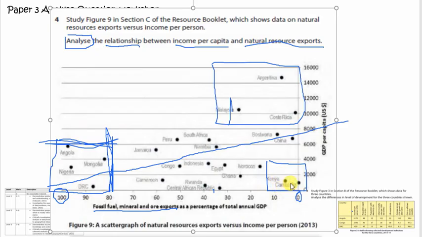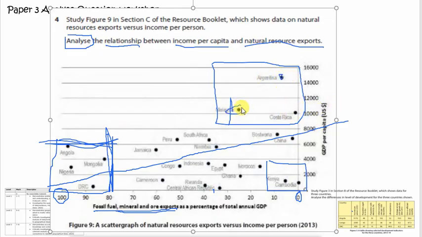Well, Kenya, Cambodia, they don't export much in the way of fossil fuels, minerals and ores. Maybe they export something else. Coffee, for instance, from Kenya. Maybe their GDP comes from that. So as a critique, I could be thinking, well, why aren't we showing food products? Yeah. Argentina again, South America, cattle ranching, corned beef, they export something else.